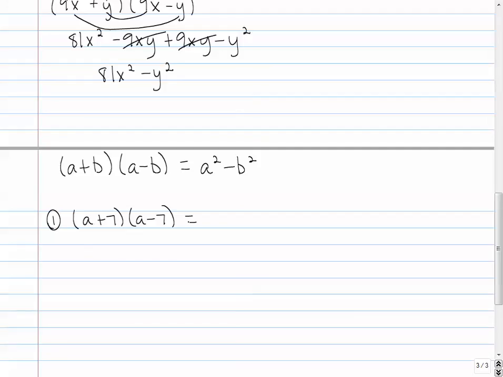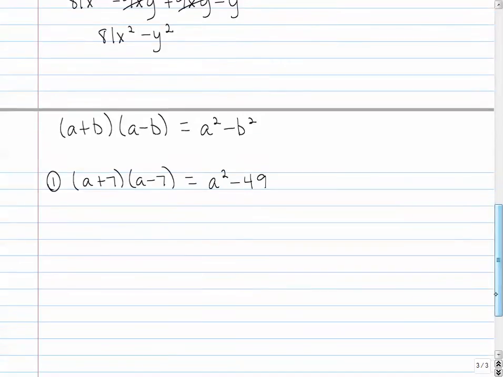So remember, we don't have to do the outer and inner because of the form that it's in. A times a is a squared, and 7 times negative 7 is minus 49. That's all you have to do on those kinds. You can skip the outer and inner. It has to be in that form, though. You just do first times first and last times last.